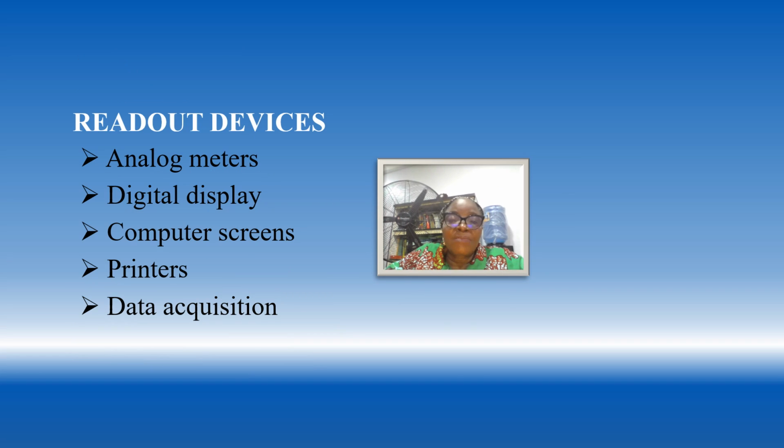So we're saying that we have the readout devices. The readout devices are the analog meters, the digital displays, we have the computer screens, we have the printers, and then we have the data acquisition systems. The readout device could also include chart recorders, and it could even have a microprocessor so that by a touch of a button, everything is coming out.